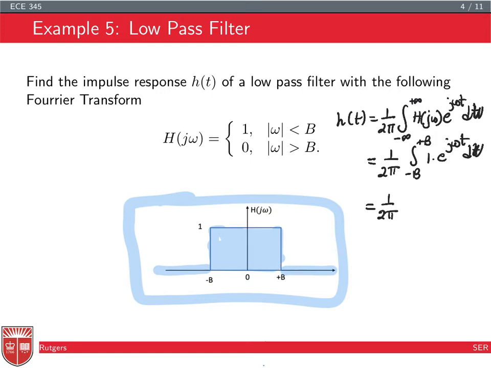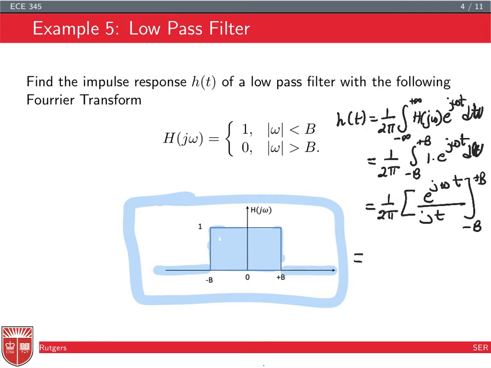So the integral of e to the j omega t d omega is going to be e to the j omega t divided by jt, between minus b and plus b.